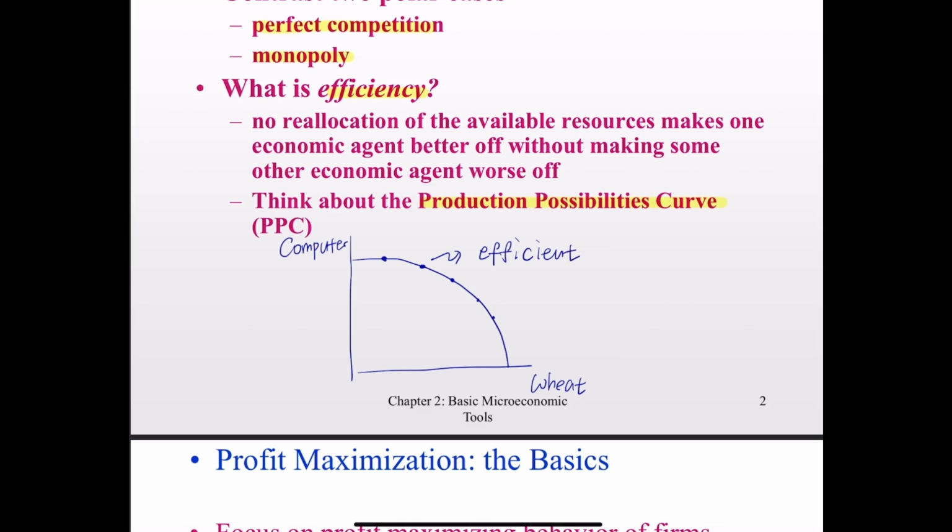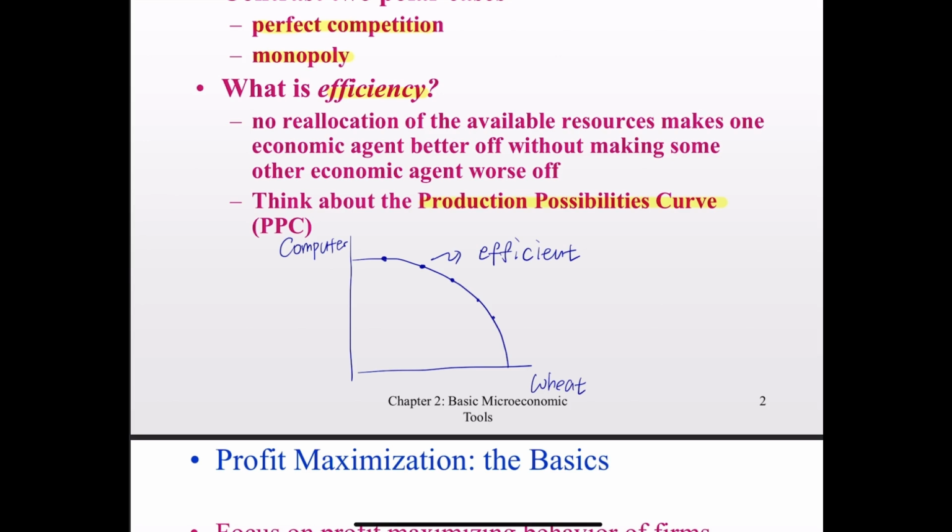We are using all our resources in order to produce combinations of computers and wheat. Do you agree? So that is the trade-off between computers and wheat. In other words, it is the opportunity cost.